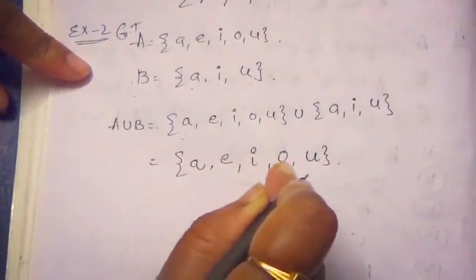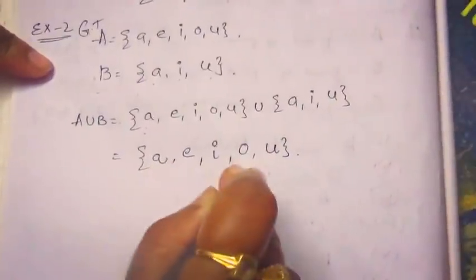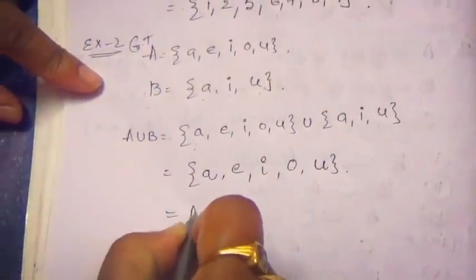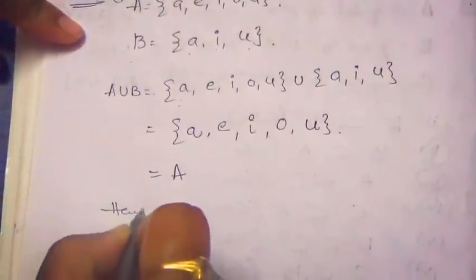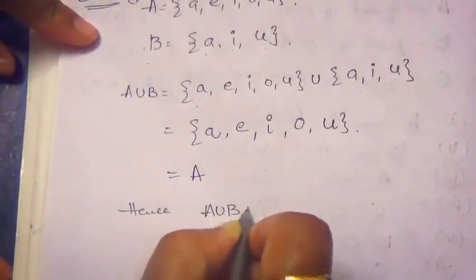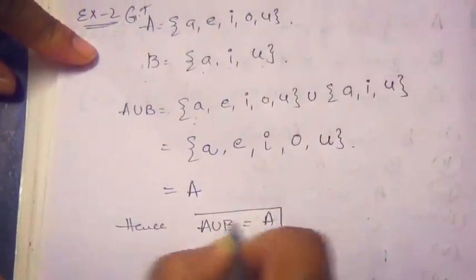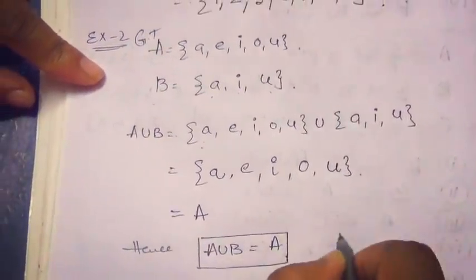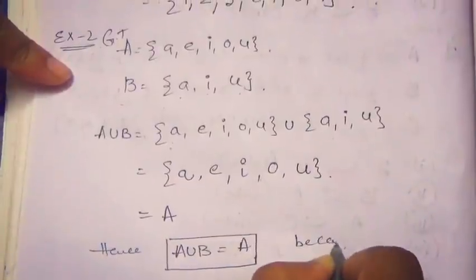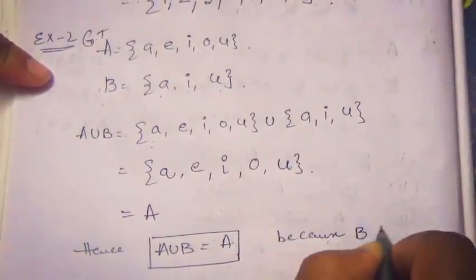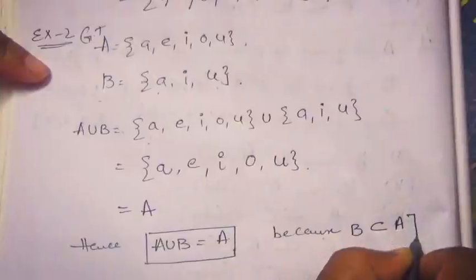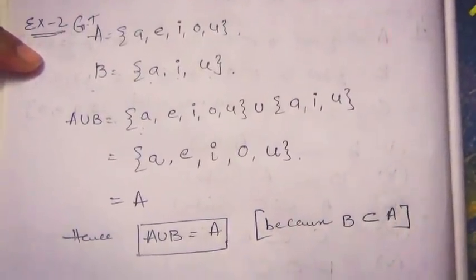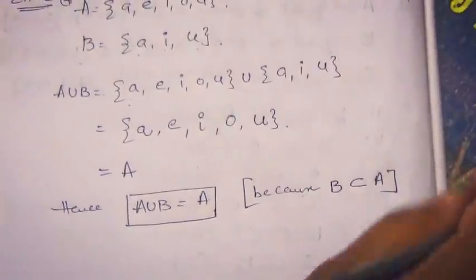So a, e, i, o, u. Which set was it? A. That is equal to A. Hence, A union B is equal to A because B is a subset of A. Okay? Right. Next, example 3.